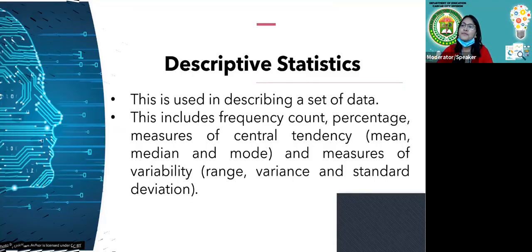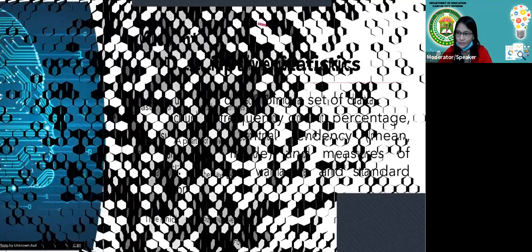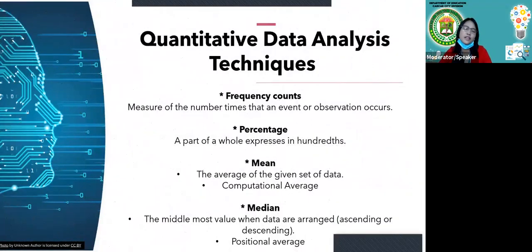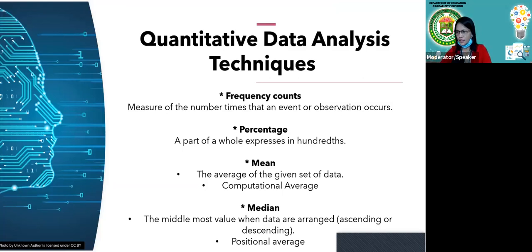Okay, next. Quantitative data analysis. When am I going to use frequency counts? When am I going to use percentage, mean, median? Frequency counts measure the number of times that an event or observation occurs.